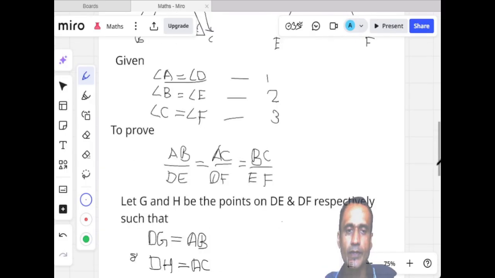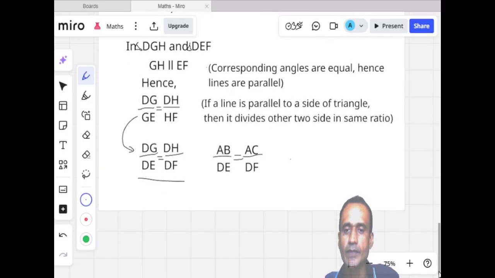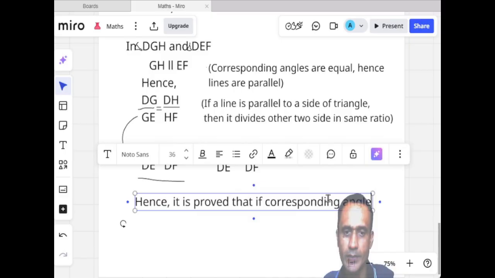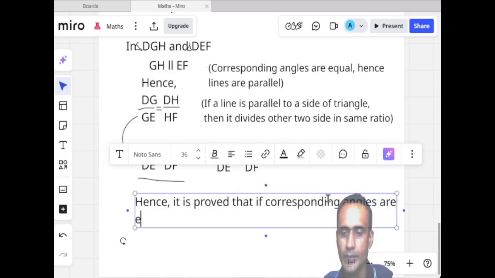So we have proved that if corresponding angles are equal, then corresponding sides are proportional.